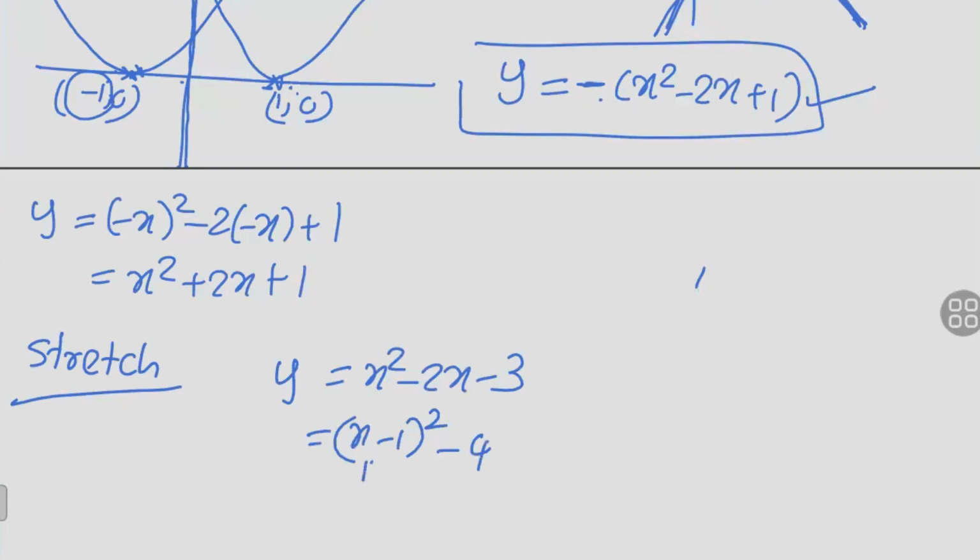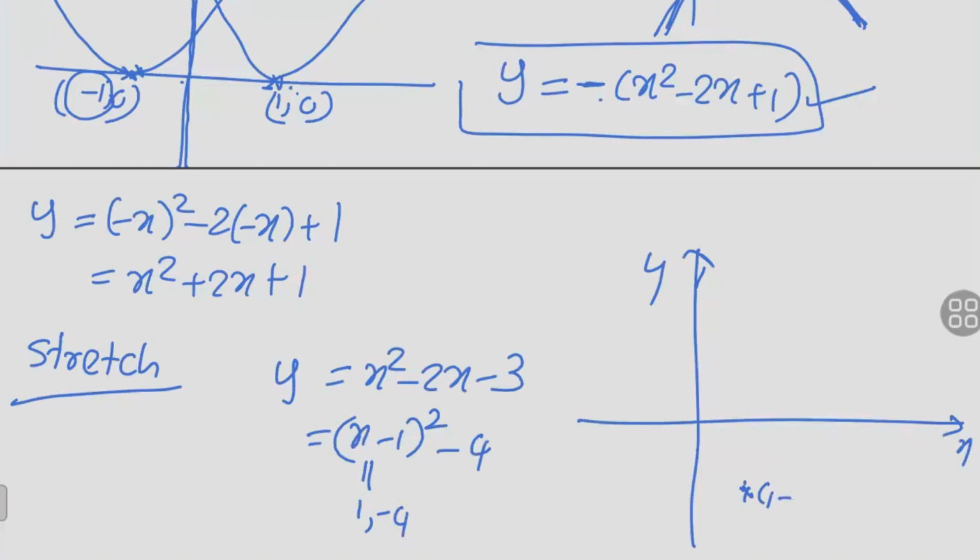So the coordinates are 1 comma minus 4. Now if you draw the graph, 1 comma minus 4 here, then you get x equals 0, y is minus 3, goes like this. This kind of graph you are getting.